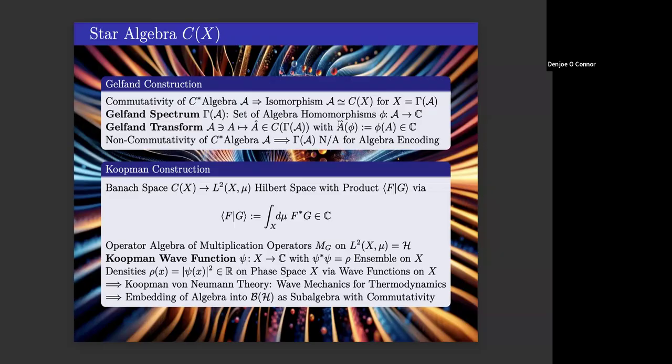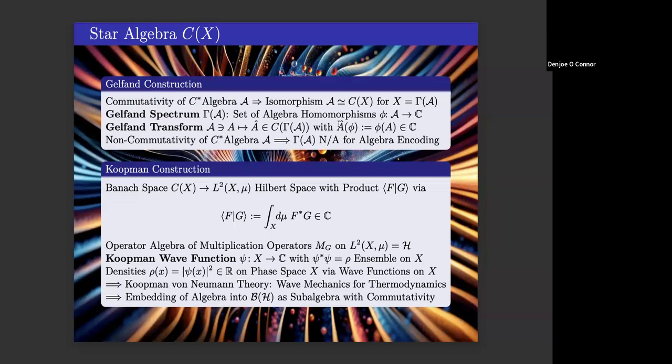But you can also look at the star algebra C(X) from another point of view and say, well, we have this space of functions C(X), but we can actually look at the Hilbert space, not just the Banach space C(X), but introduce a measure, an integration measure mu.